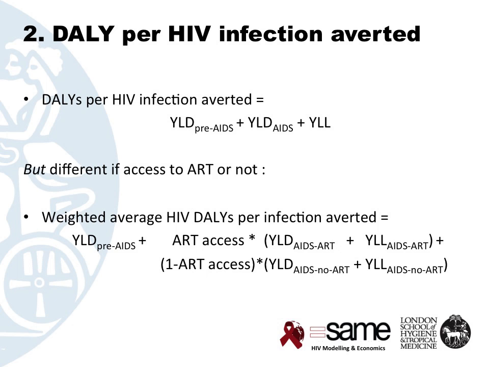So you have the years lived with disability pre-ART initiation. Then you have a level of access, say 50% or 60% ART coverage. You then multiply it. This is your weighting to obtain your total number of DALYs averted, or your average DALY averted.